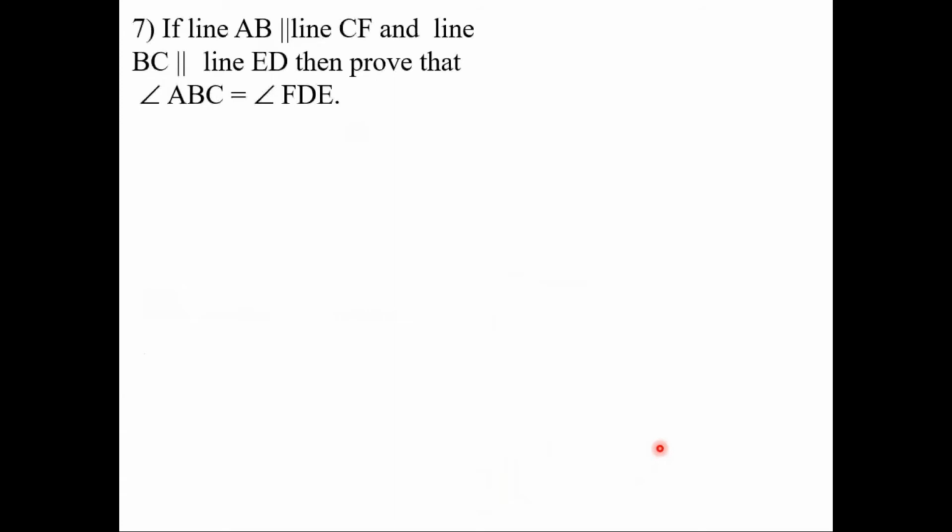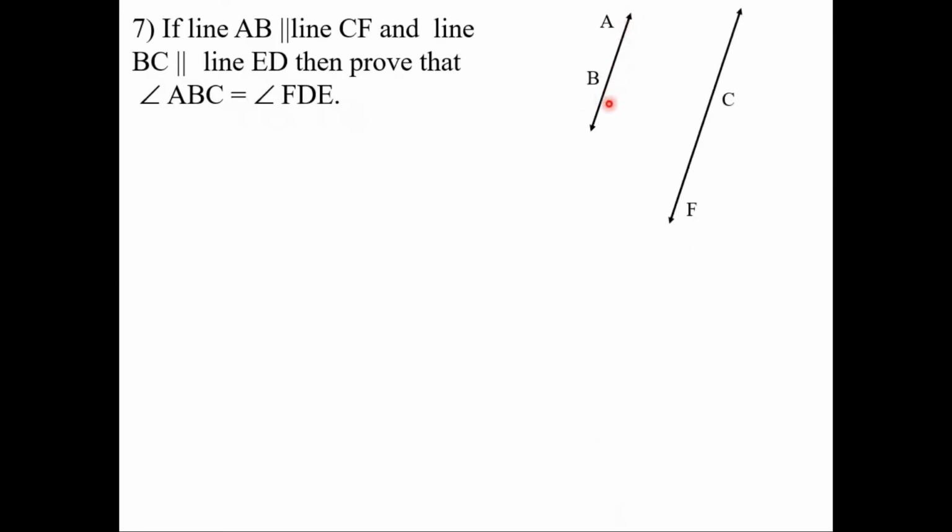Question number 7: If line AB is parallel to line CF and line BC is parallel to line ED, then prove that angle ABC is equal to angle FDE.